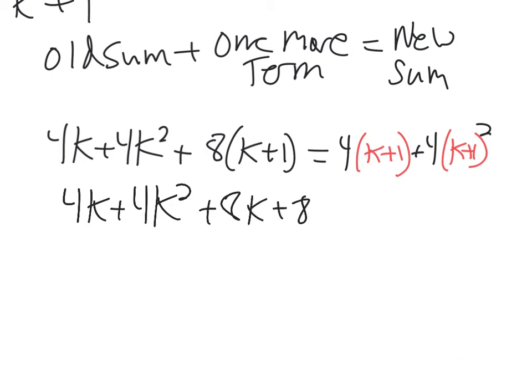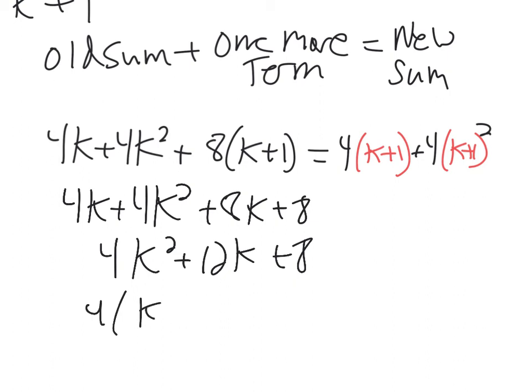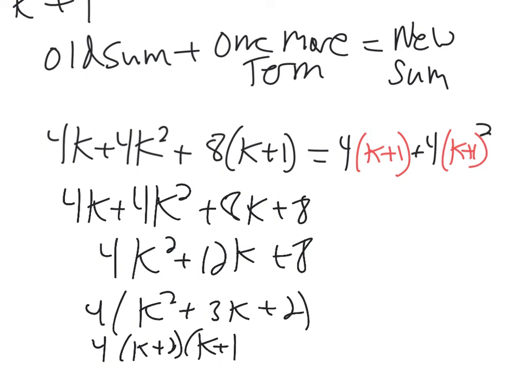Then I'm going to collect like terms, so 4k squared plus 12k plus 8, and I see I can factor out a 4. So k squared plus 3k plus 2, and I know that quadratic factors to k plus 2 times k plus 1.